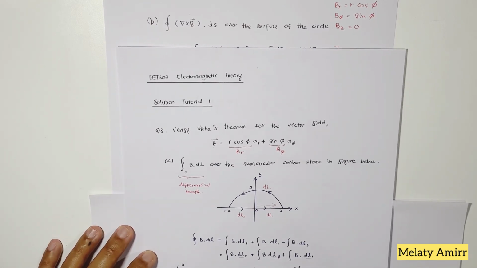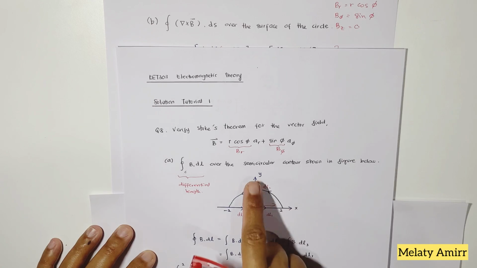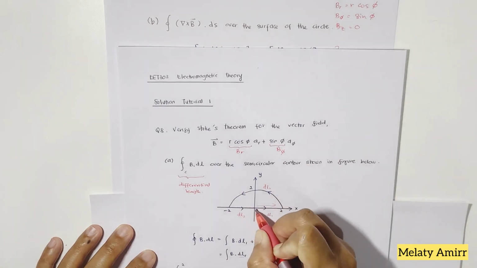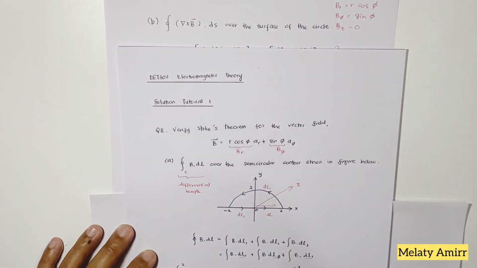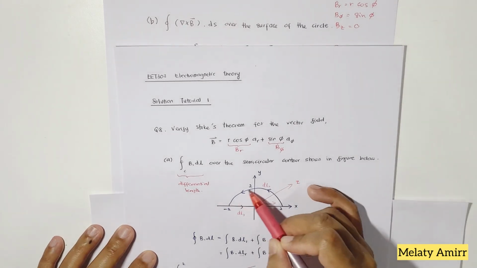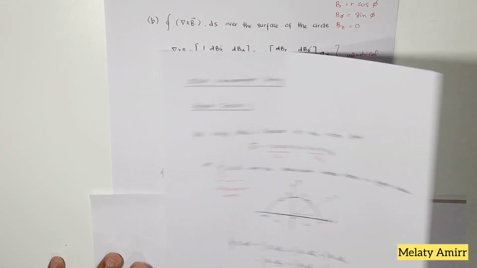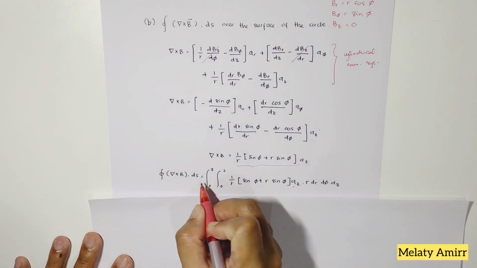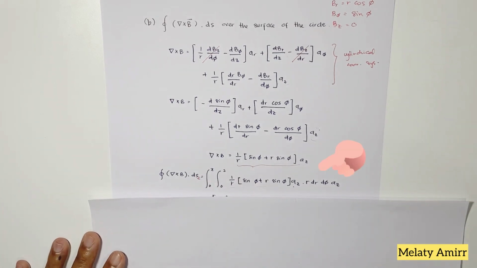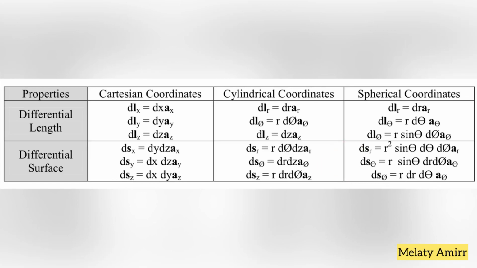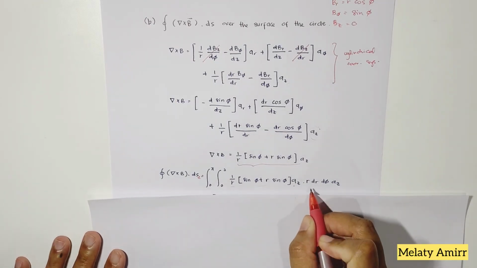If you can imagine 3D, we have x, y, and z. This area may be at the bottom or at the top of the z axis, and it's facing towards z. So this is ds_z. Refer to the table. This ds_z for cylindrical is r dr dphi.